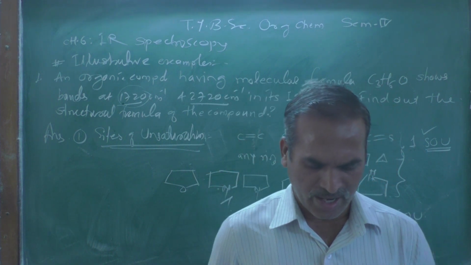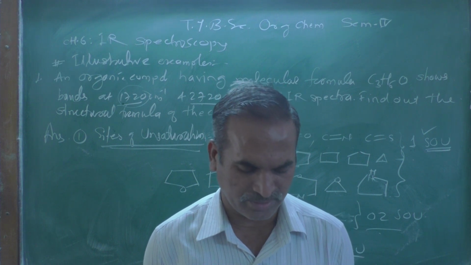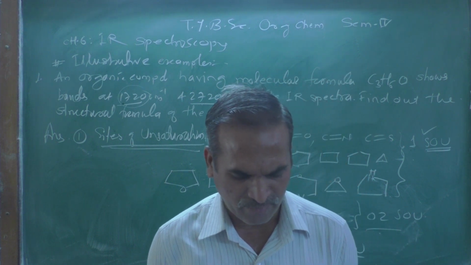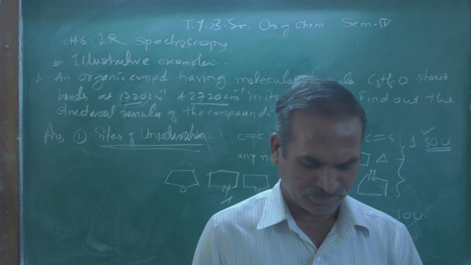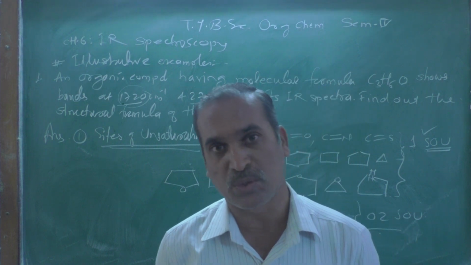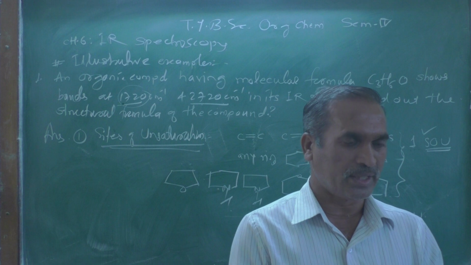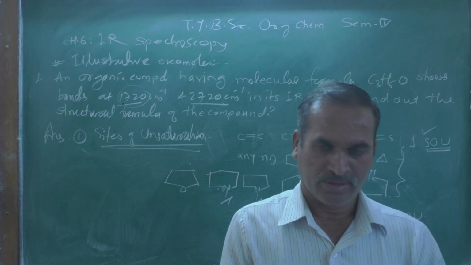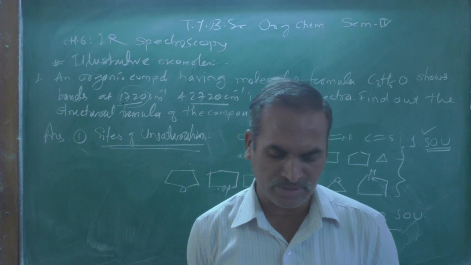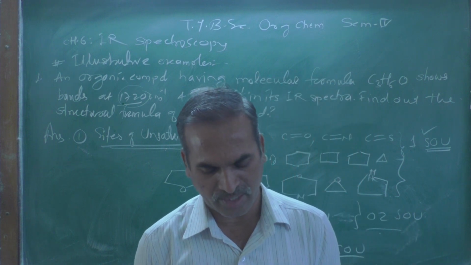The UV and IR spectroscopic information helps us find the position of different functional groups, while PMR spectroscopy, we are going to discuss after completing this chapter. But for the sites of unsaturation, that is what we are discussing: how to calculate it.